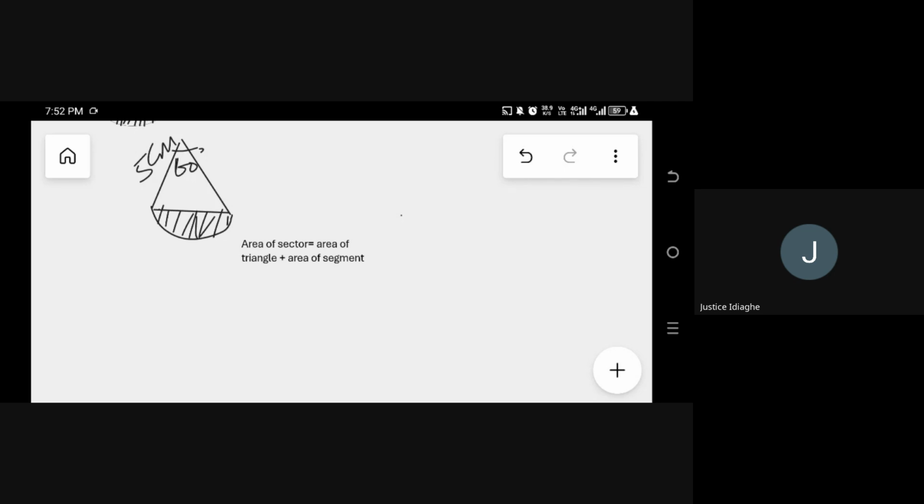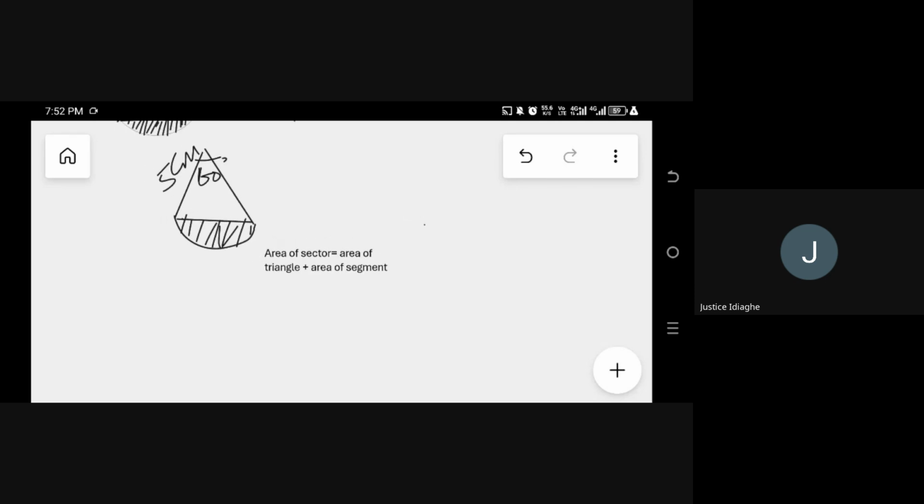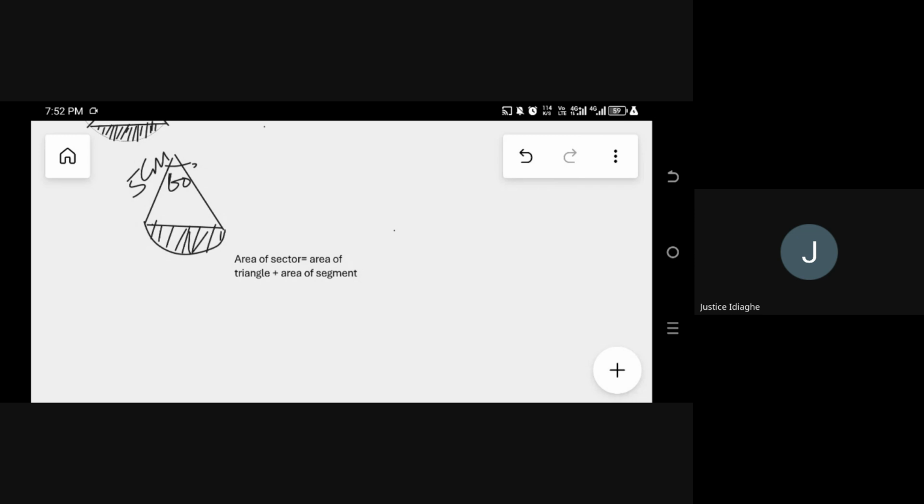To find the area of the segment, you would say area of the overall sector minus the triangle at the top. When you subtract them, it gives you the area of the segment, because the area of the overall sector is a summation of the area of the triangle at the top plus the area of the segment at the bottom.